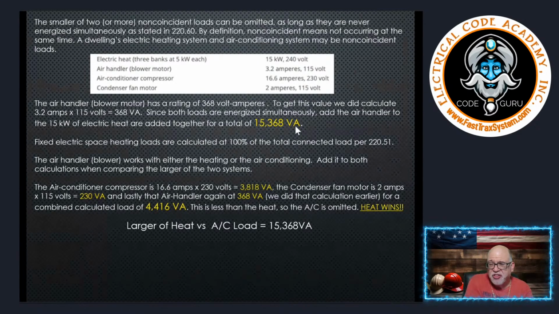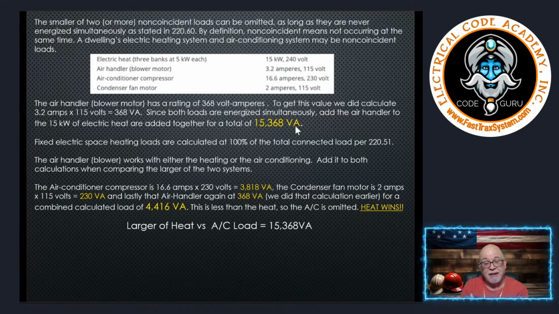Now, most savvy electricians that are doing these load calcs look at this and go, well, I don't even have to do the calculation for the air conditioning, right? Because it is not going to be anywhere close to that heat. But you may be somewhere in the country, like Florida, where you might not have this massive 15 kW emergency heat or something like that.